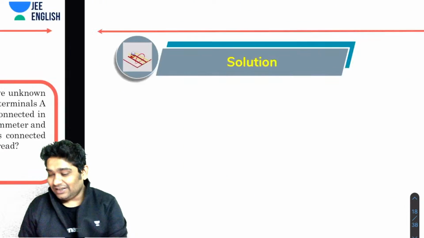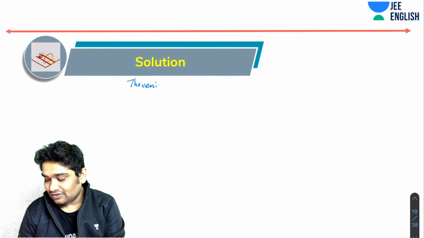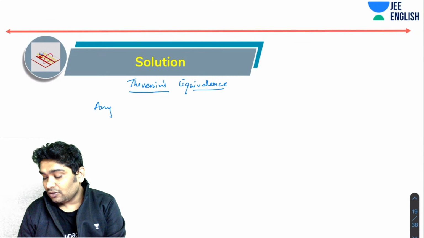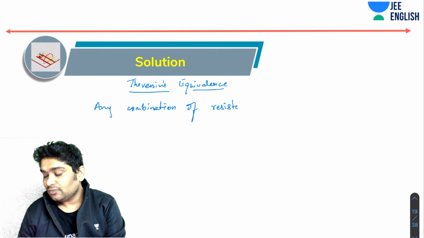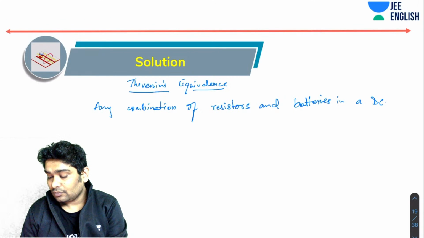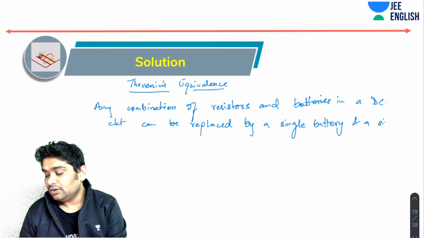So okay, Thevenin's equivalence, let me tell you. Thevenin's equivalence suggests that any circuit, any combination of resistors and batteries in a DC circuit, can be replaced by a single battery and a single resistor between 2 points.